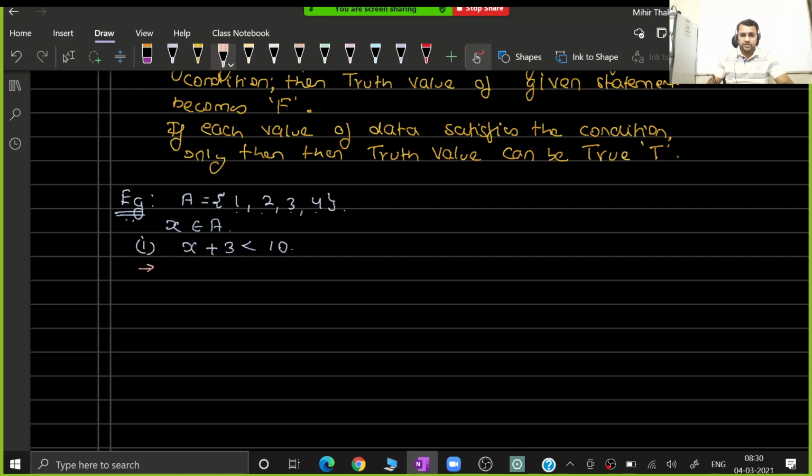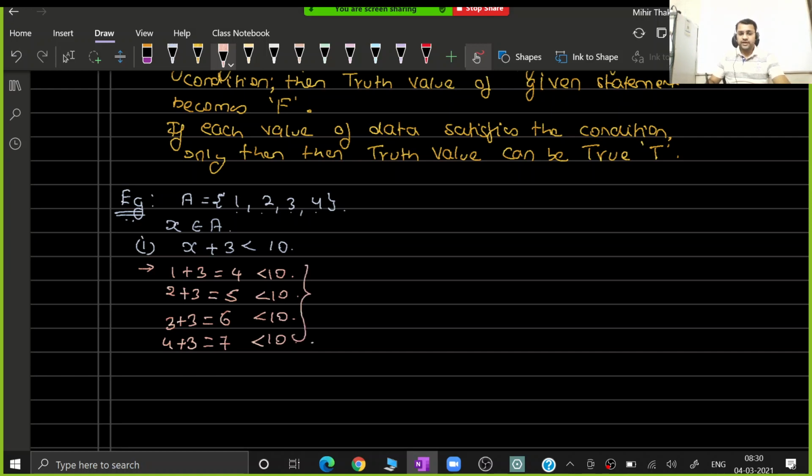I will get over here. 1 plus 3 is equal to 4, definitely lesser than 10. 2 plus 3 is equal to 5, which is also less than 10. 3 plus 3, that is 6, again lesser than 10. 4 plus 3, that is 7, again it is lesser than 10.